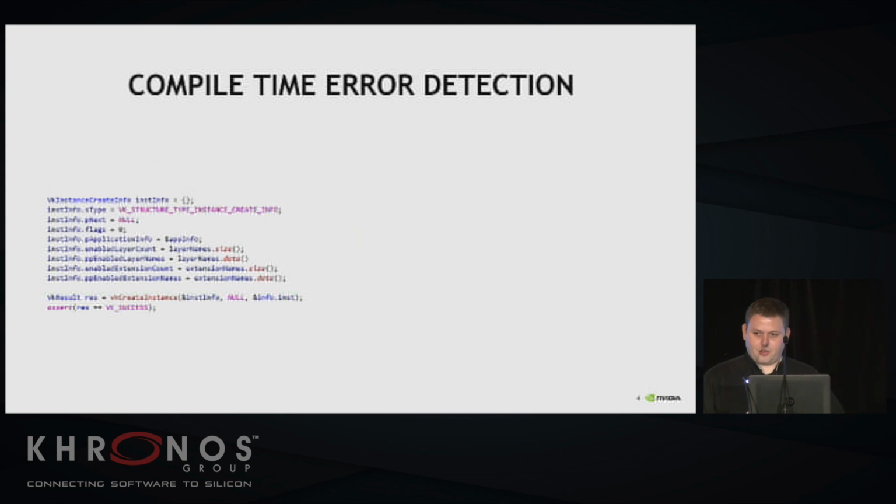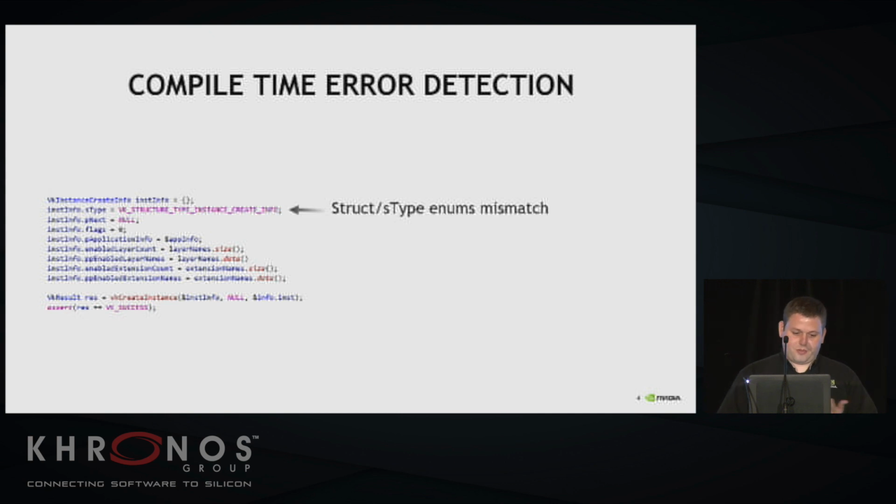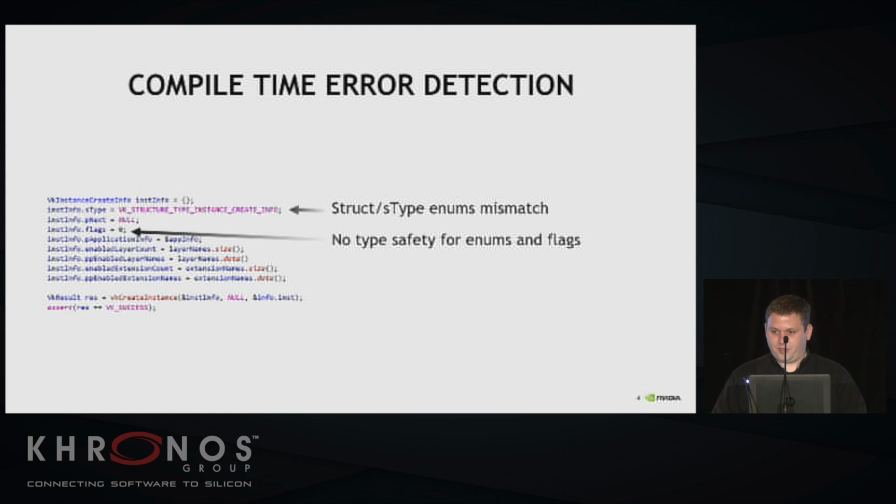And then, the interesting part is compile time error detection. If you look at this small piece of code, there are a few places we hit multiple times, and we've seen at other places multiple times, like people forget to put the S-type correct in the struct. For the flags, there are no safeties. For some flags, you don't know, okay, is this the right flag for this parameter?